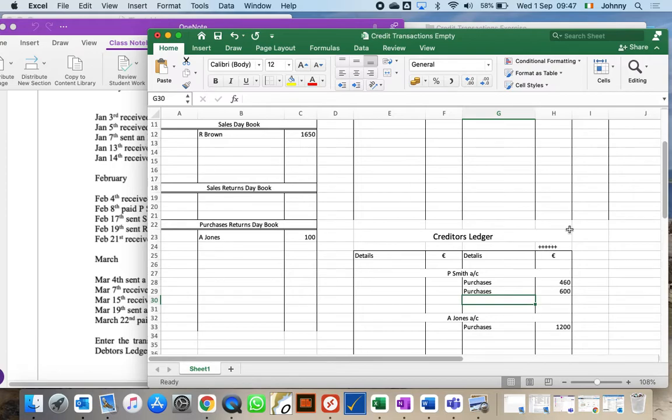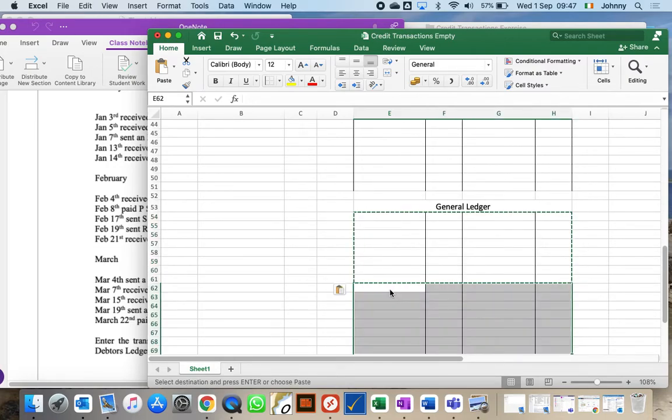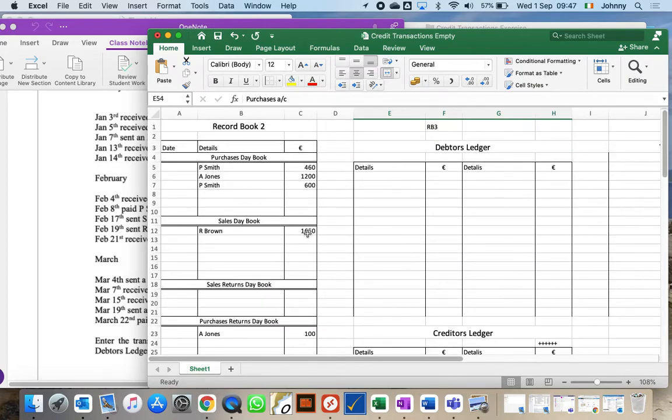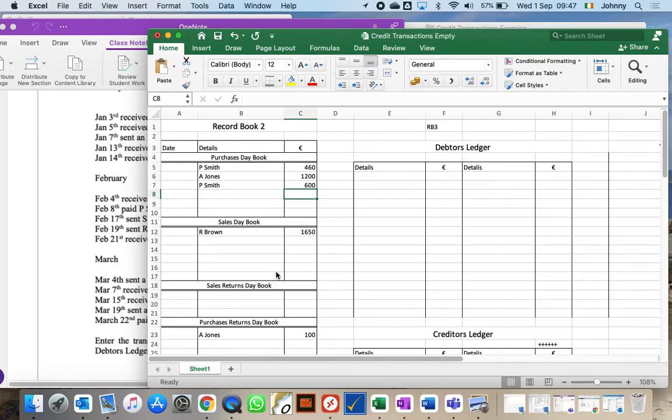All right, okay? So what I'm going to have to do is go to the general ledger. And this general ledger is going to have, actually I'm going to just give more lines into it. So in my general ledger, I'm going to have a purchase account. The purchase account is going to have the total figure. So every month, I'll add up my day book, and it's going to have a total.